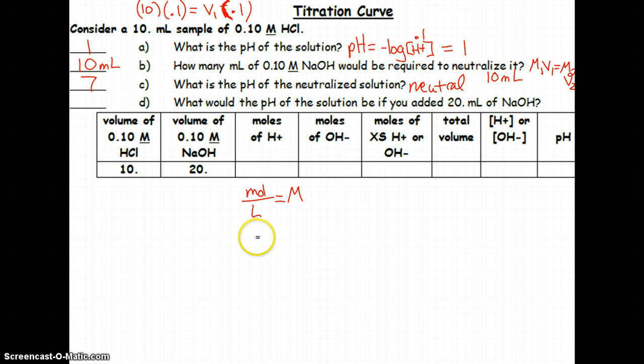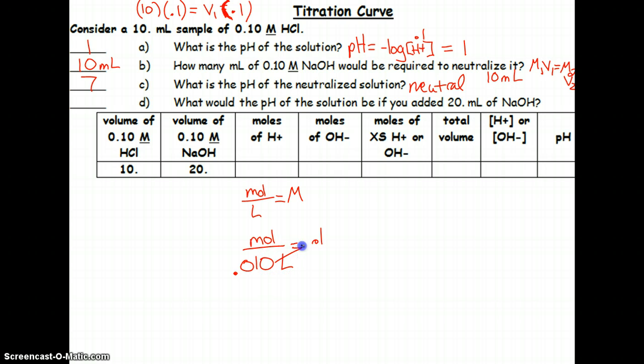For the H+, we're looking at HCl, so we're looking for moles. We have 10 milliliters, and to take milliliters into liters you move 3 places, so we have 0.010 liters, and that's equal to our concentration of 0.1 molar.